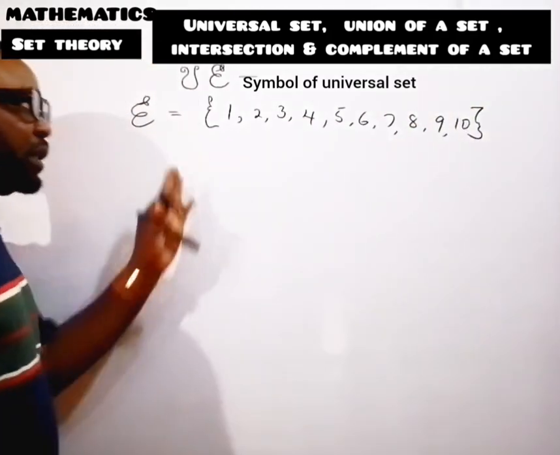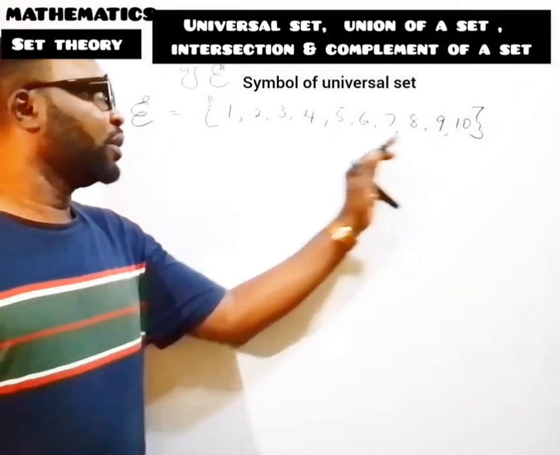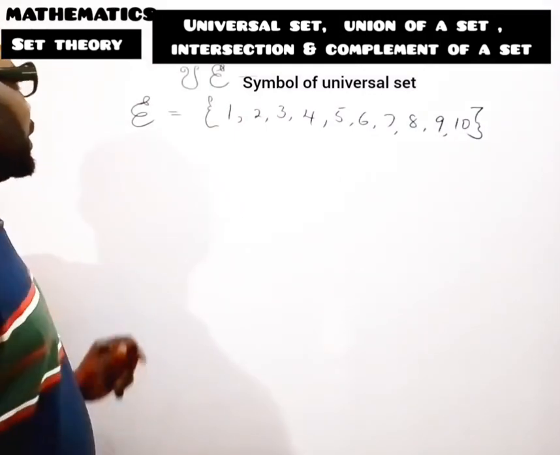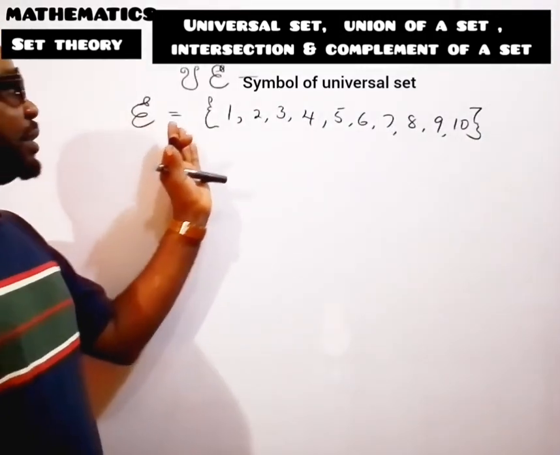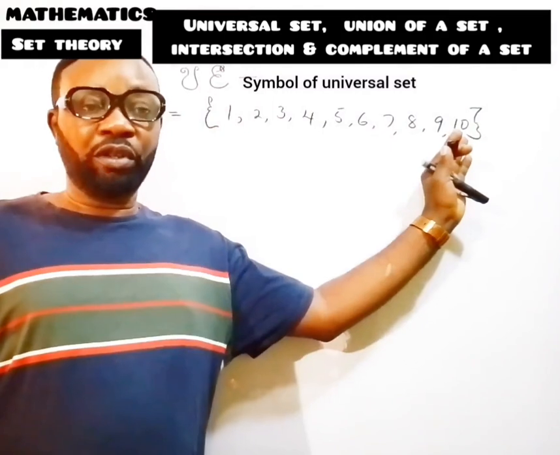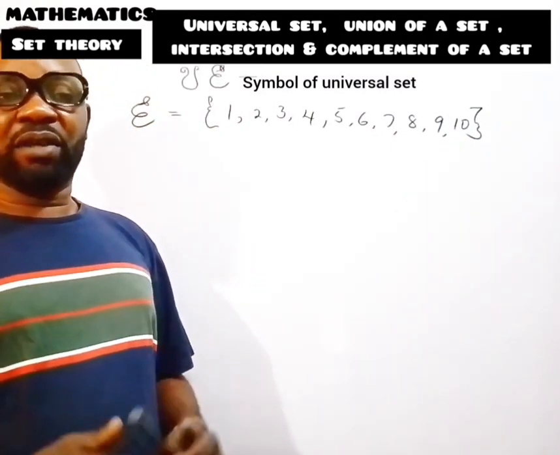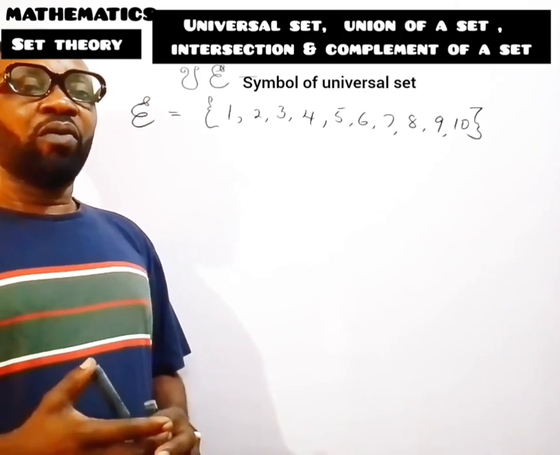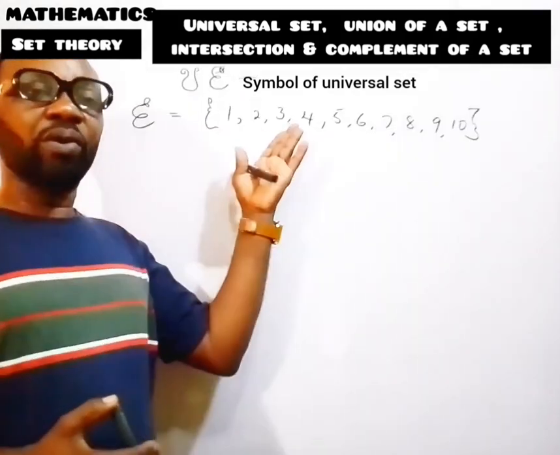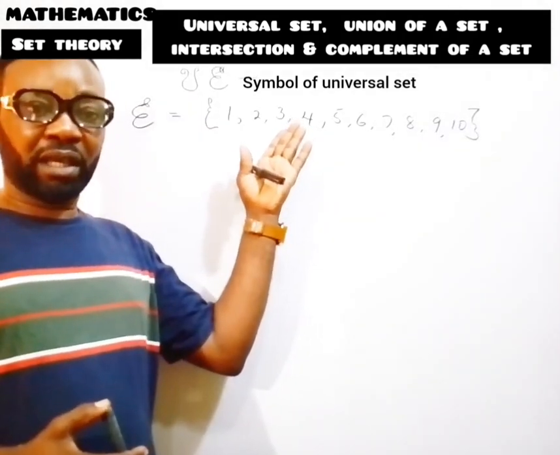For your understanding, I'm going to make use of these figures. This is a representative of a universal set. Any other set inside it will be a subset of the universal set.